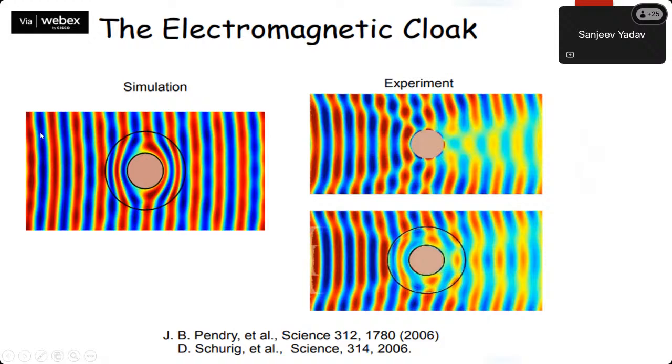Here you can see in the simulation, whatever wavefront is transmitted from here, the same wavefront is received in the simulation as well as in the experiment. You can see only very little deviation from the incident. So in this way, anything inside this circle is invisible.